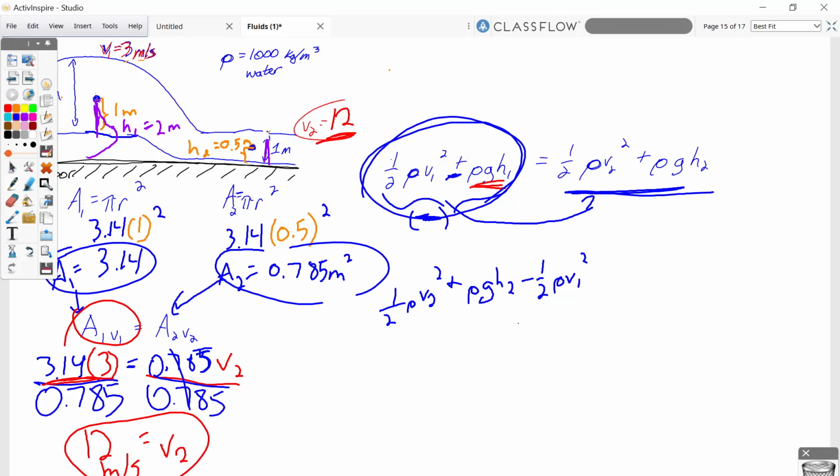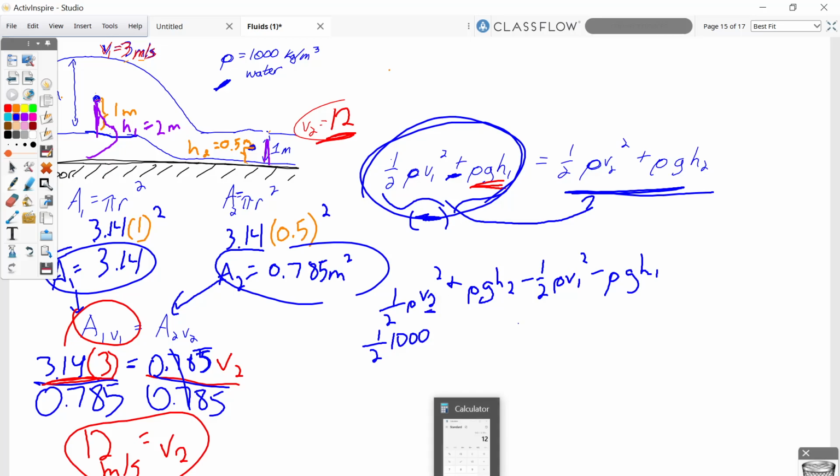And instead of plus, again, I'm going to make it minus because I'm moving all of that over to the other side. And so now it's just a question of plugging in numbers. So here, the rho, it's up here, right? It's 1,000. So anytime I see that P looking thing, which is rho, I'm going to plug in 1,000.